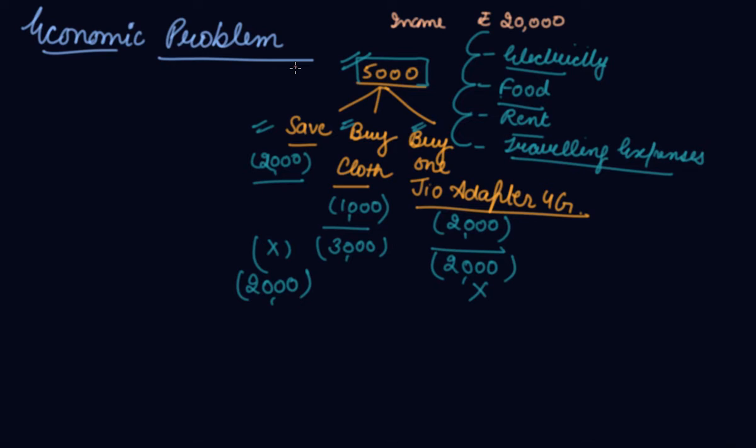For the producer, it is like he has the investment of 1 lakh. How he should invest his 1 lakh so that he is using his resources fully and efficiently. That is the economic problem.